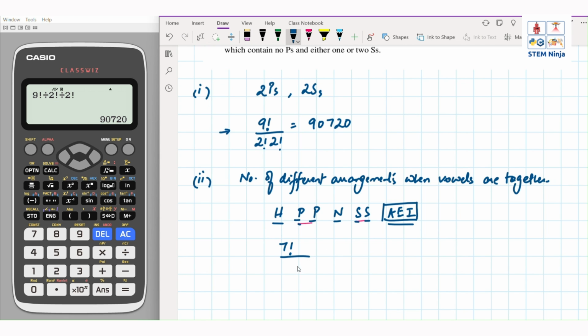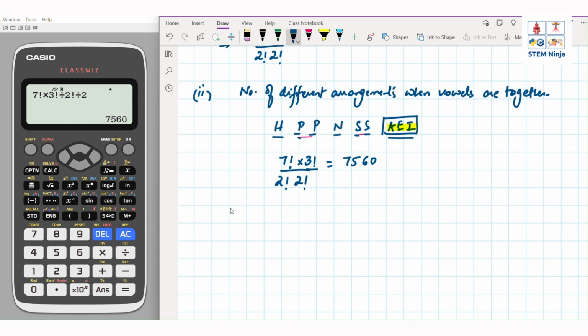We have two pairs of identical P's and S's. And inside this AEI, we can have different arrangements also, so times by 3 factorial. So this would be 7 factorial times by 3 factorial divided by 2 factorial divided by 2 factorial, which is just 2, so we can just leave it like that. So 7560.